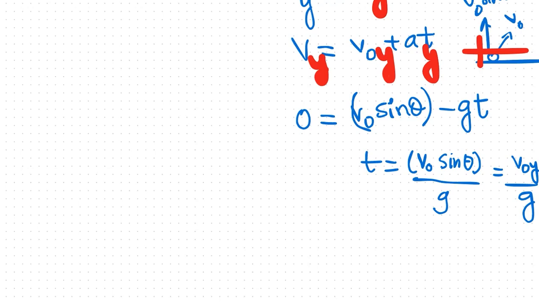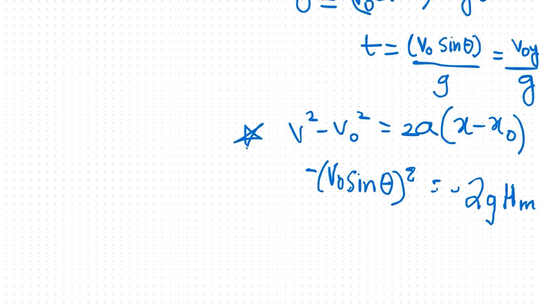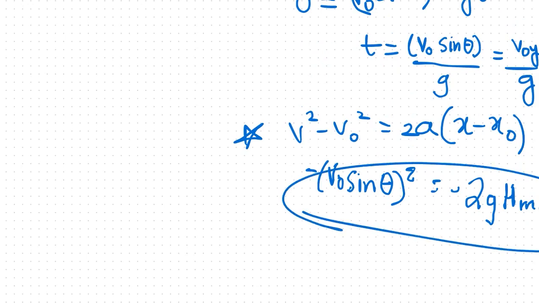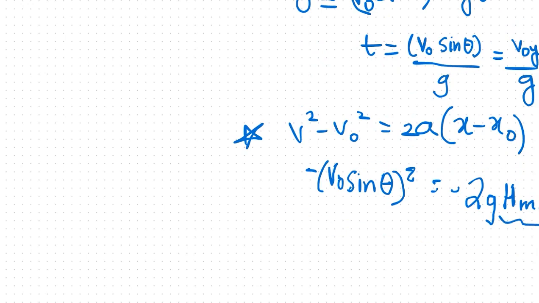What is the second formula in equations of motion? So this is a formula. Substitution gives this. So what is the formula for H max?